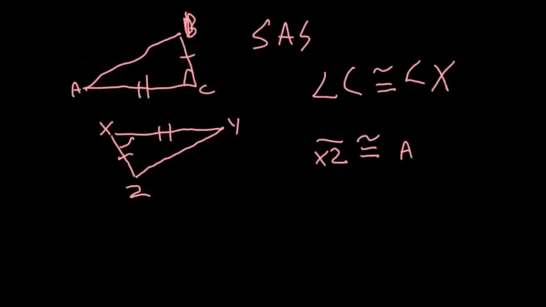Oh wait, no, BC. We could also say that side AC is congruent to side XY.